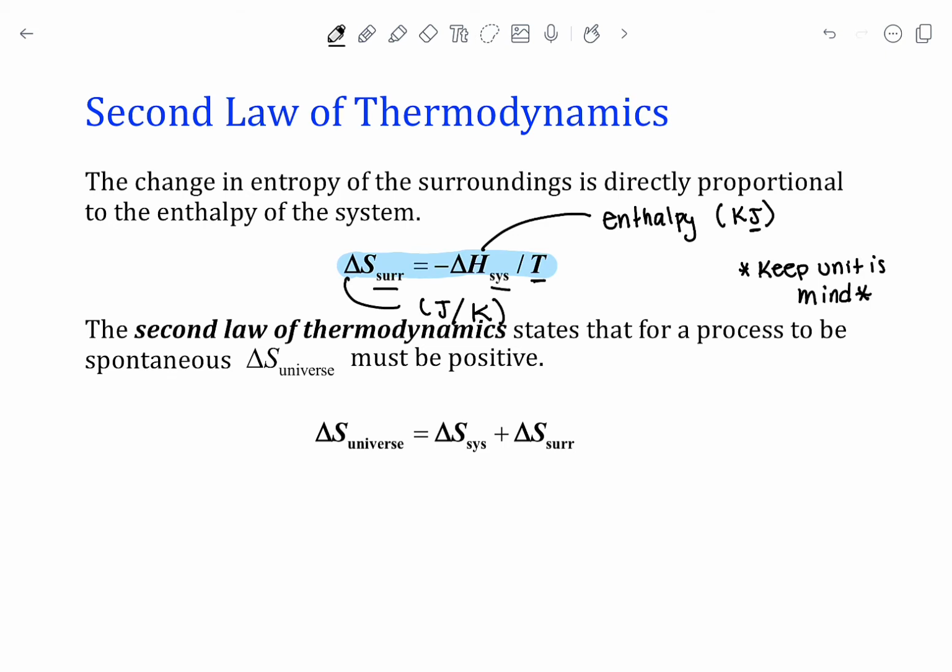But now we want to look at, in order to predict if a reaction will be spontaneous, not only the entropy of the system, but also of that of the surroundings, which when we add them together is the entropy of the universe. So if the entropy of the universe is positive, then the reaction is spontaneous.